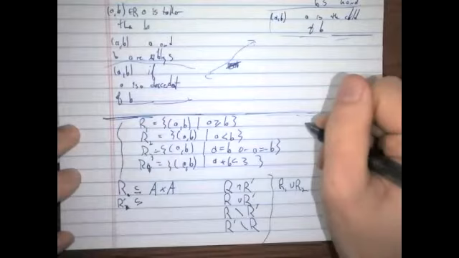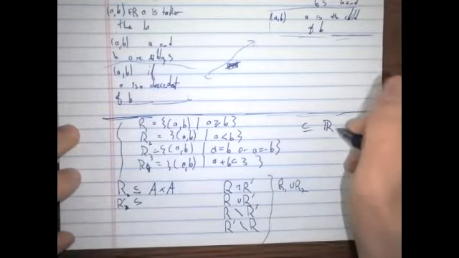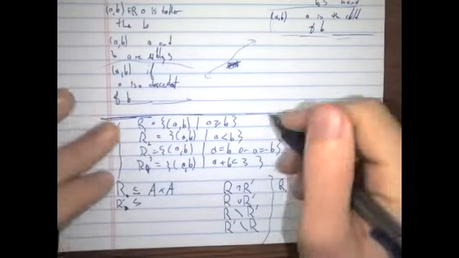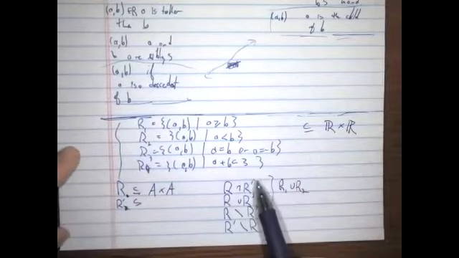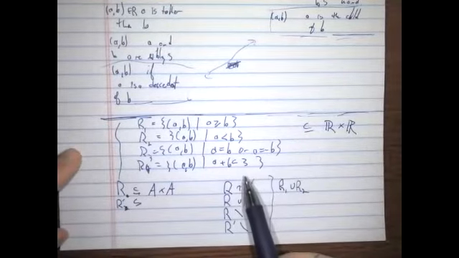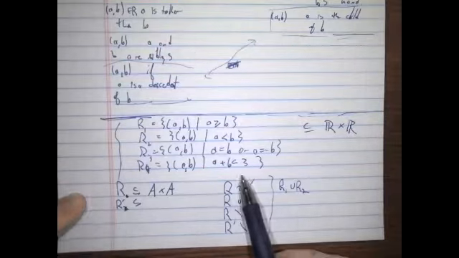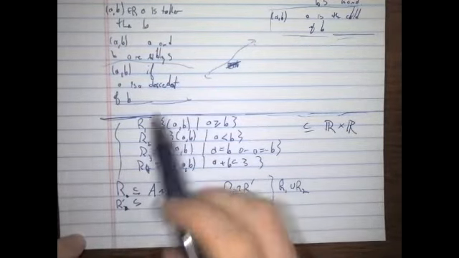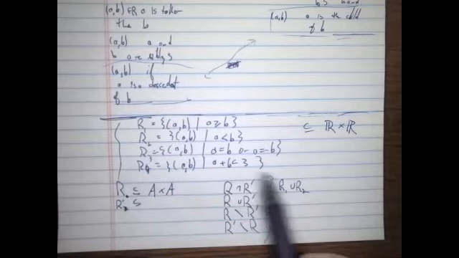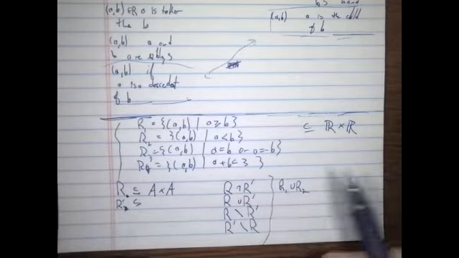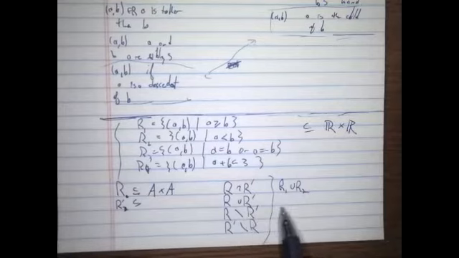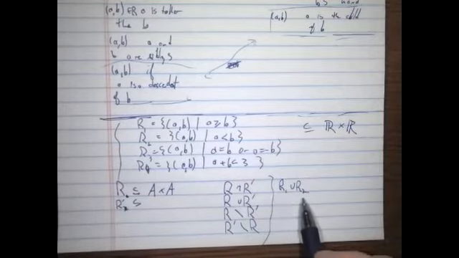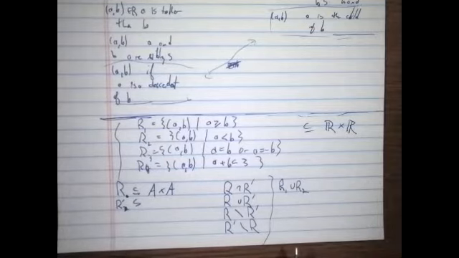So let's say all of these are subsets of R cross R, right? These are all subsets of the reals cross the reals because they're all relations on the reals. And now I can ask for this collection of relations what unions and intersections are. So what's the union of R1 and R2? What relation is this on R cross R?